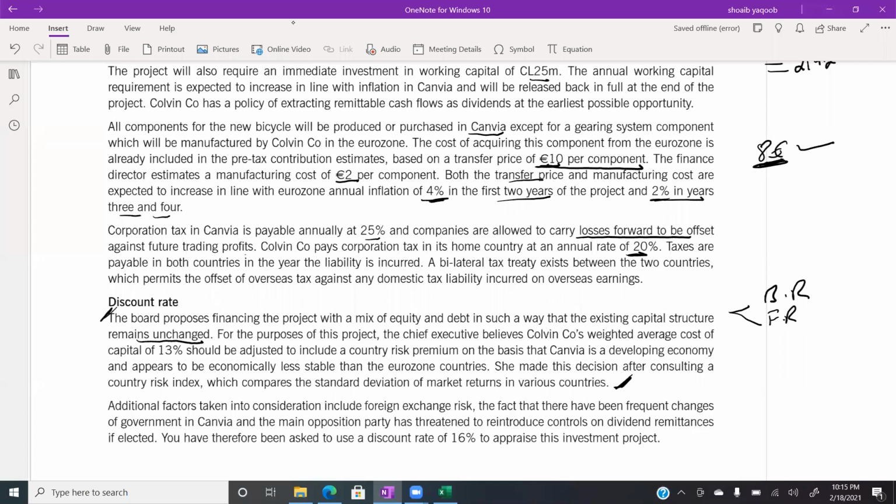You are in a developing country and you want to invest in Pakistan, Bangladesh, or any nearby country where the political system is not that strong, where exchange rate risk can become dangerous, where fiscal or monetary problems can arise. So in order to reflect that risk, you want to increase the discount rate. And that additional risk is the country risk premium. That additional risk will be compensated by the country risk premium.